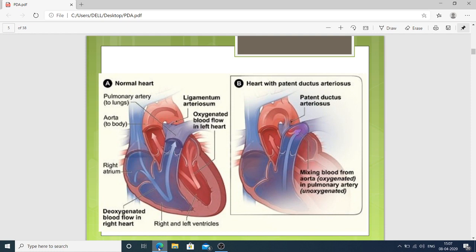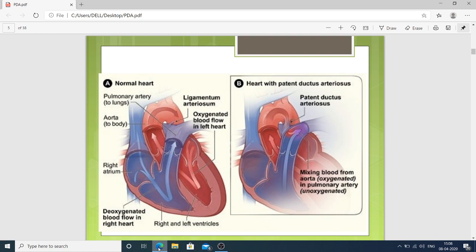This results in increased blood flow to the pulmonary tree and increased blood return to the left side of the heart, causing a volume loaded left ventricle. When the aorta pours blood into the pulmonary artery, the pulmonary artery again takes that blood and gives it to the lungs for purification.